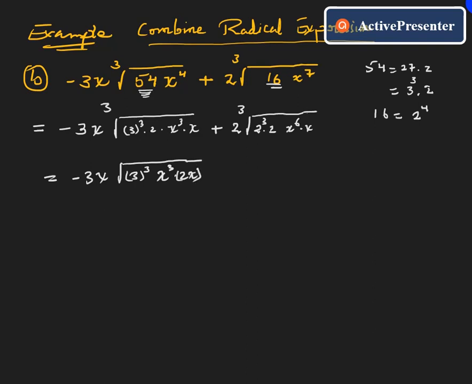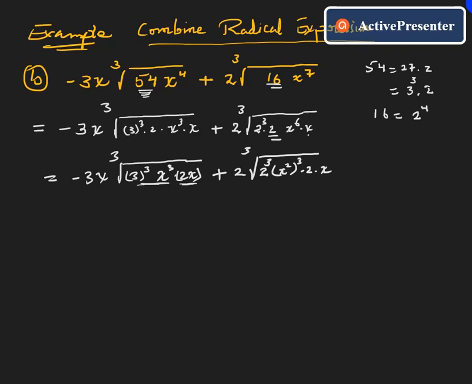We will keep those who can be eliminated and those who cannot be eliminated, plus 2 multiplied in the cubic root of 2 to the power 3, and we can write x to the power 6 as x squared, all to the power 3, multiplied in 2 multiplied in x.